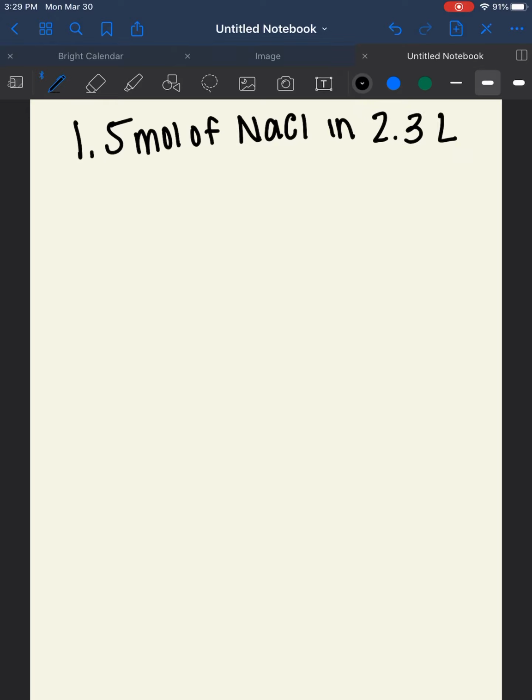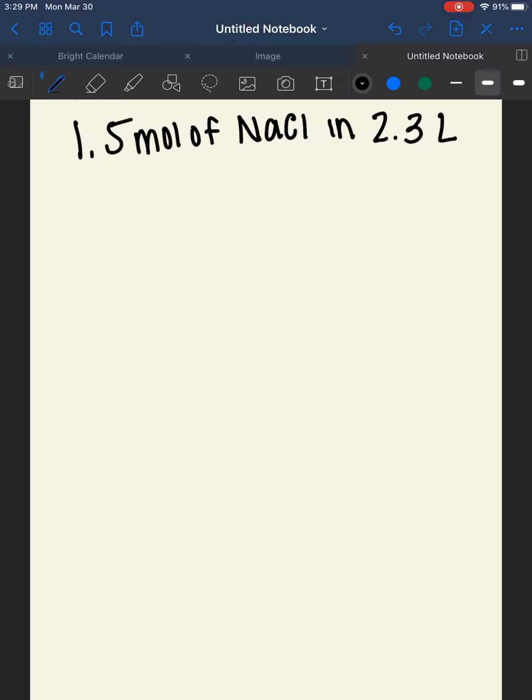Okay, so let's see. It says, calculate the molarity of a solution. I'm not going to write down the whole thing. I'm sorry, I should have written it down beforehand. But it says, calculate the molarity of a solution if there are 1.5 moles of NaCl in 2.3 liters of solution.